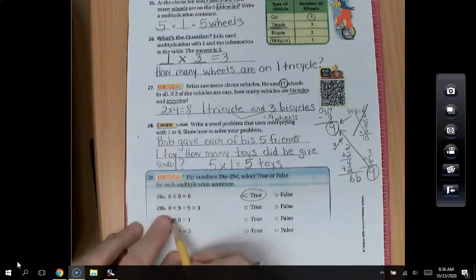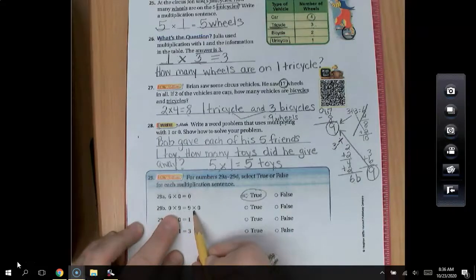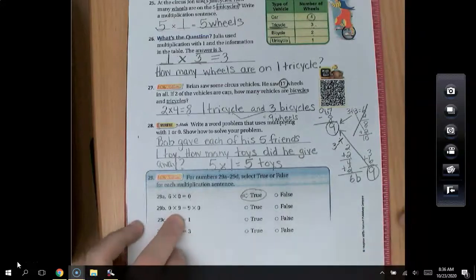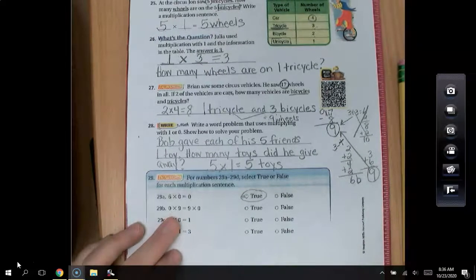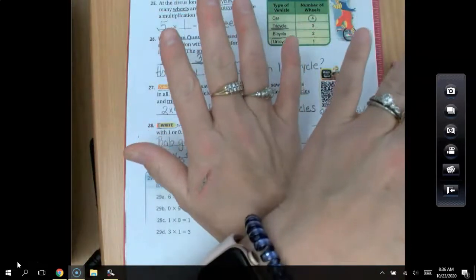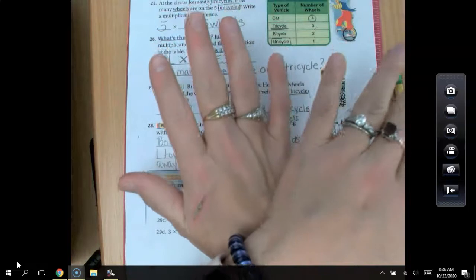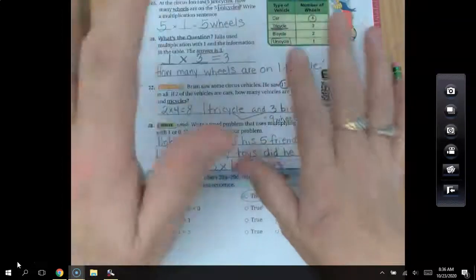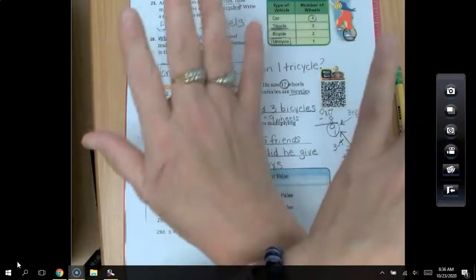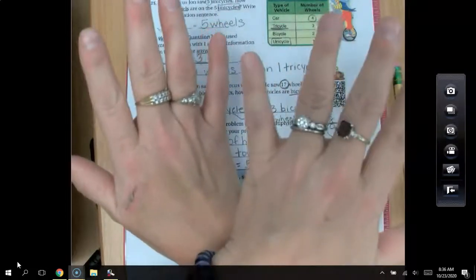29b says 0 times 9 equals 9 times 0. Is that true? Is that the commutative property of multiplication, where I can take 2 factors and flip-flop those factors and still get the same product? 0 times 9 is the same as 9 times 0?